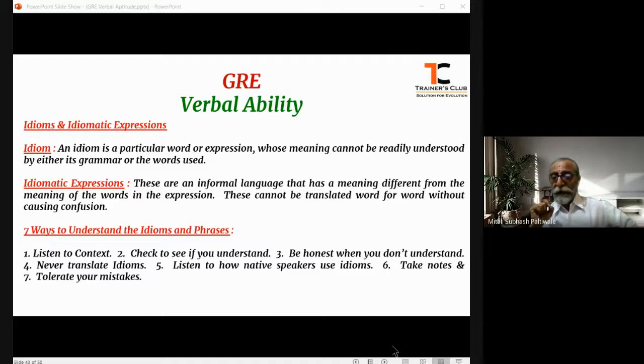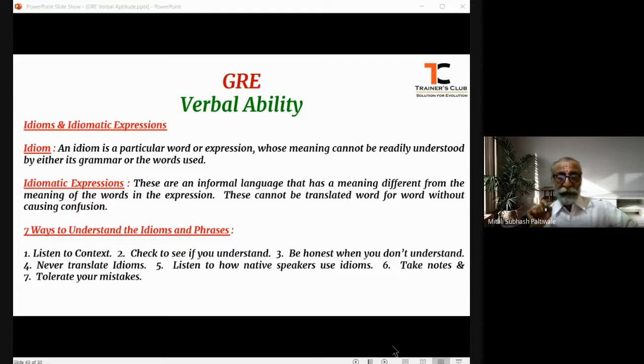Then the fifth one is to listen to how the native speakers use these idioms. Native speakers means the English speakers like the Britishers, the Americans, the Australians, right? They are the native speakers of English.